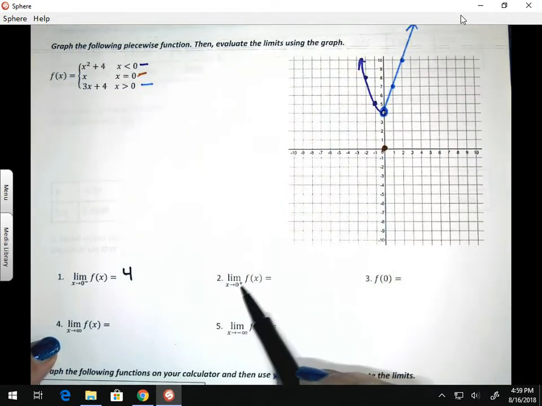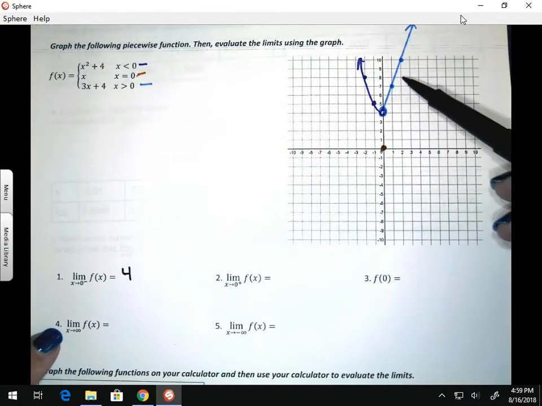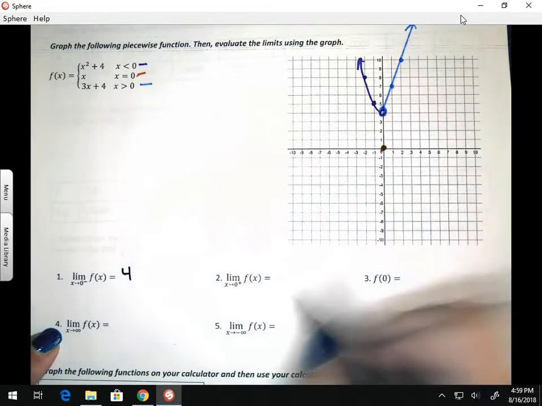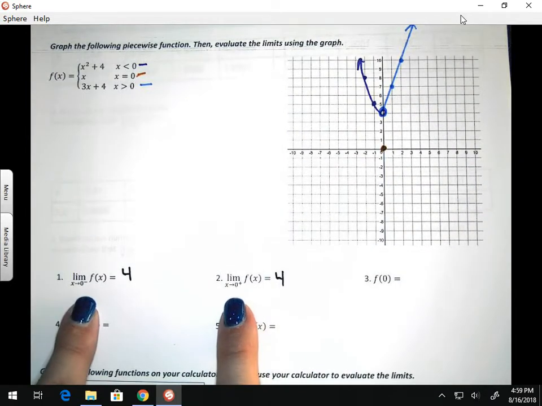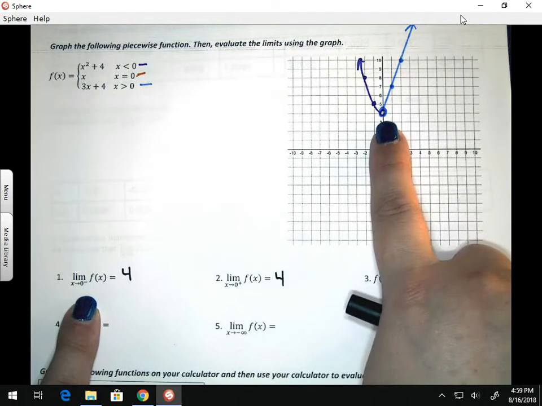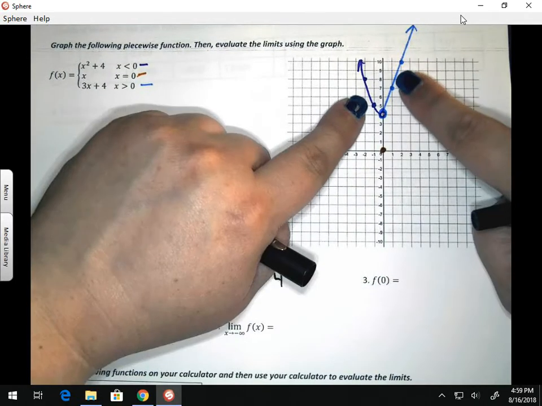When we look at the limit as x approaches 0 from the right of f of x, we're looking at the blue line that we actually drew in. So that is also approaching the number 4, which means if we were asked, the overall limit as x approaches 0 of f of x would actually be 4, because on both sides, we're getting closer and closer to the number 4.